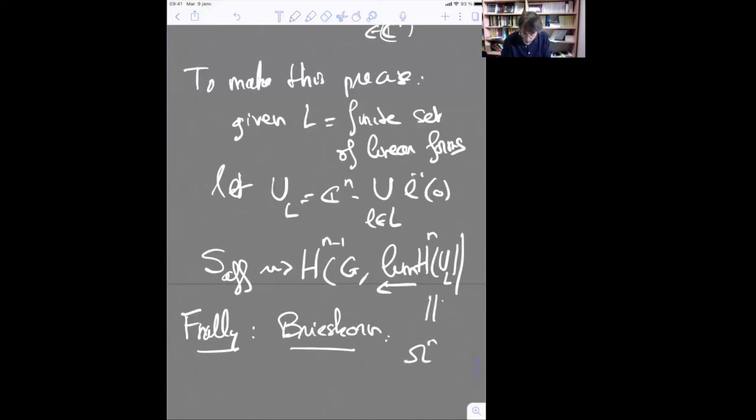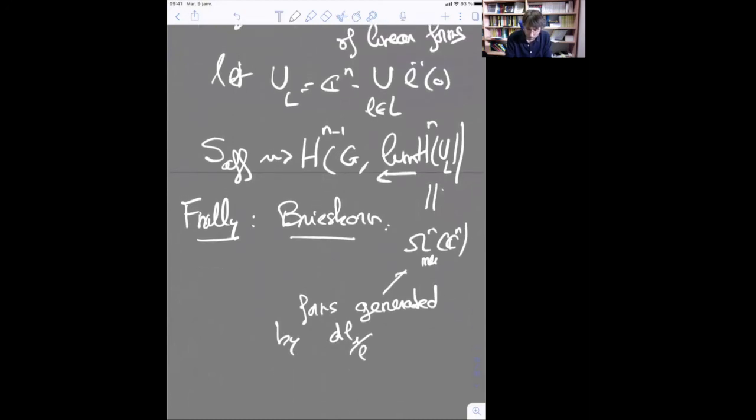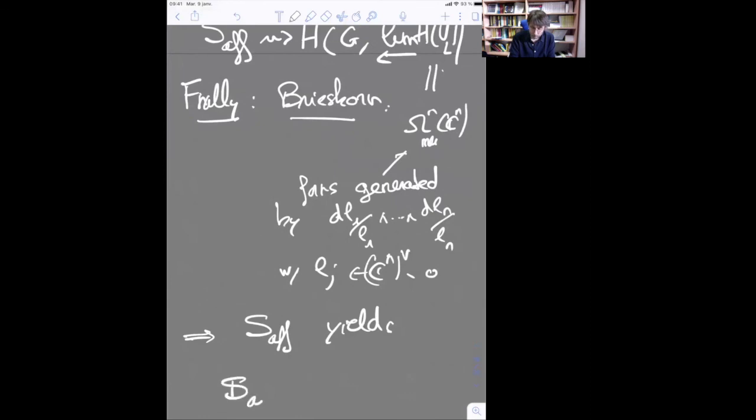This is equal to what I will call the meromorphic forms on Cn generated by dl1 over L1 wedge dln over Ln, with Li linear forms. So this yields a more interesting class, which belongs in the cohomology of G and takes values in the degree n meromorphic forms on C to the n.